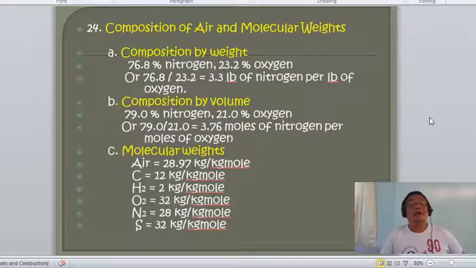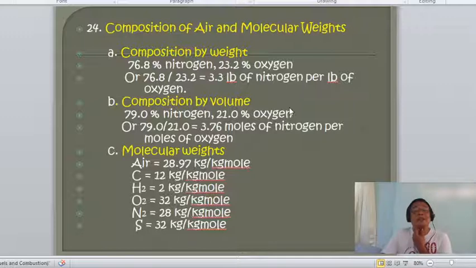So we have now here the composition of air and molecular weights. We have here the composition by weight: 76.8% nitrogen, 23.2% oxygen. Take note, this is the composition of air. That is equivalent to 76.8 divided by 23.2, that is 3.3 pounds of nitrogen per pound of oxygen.